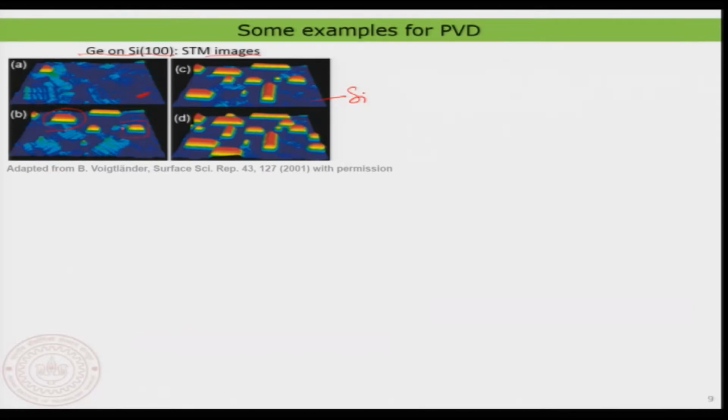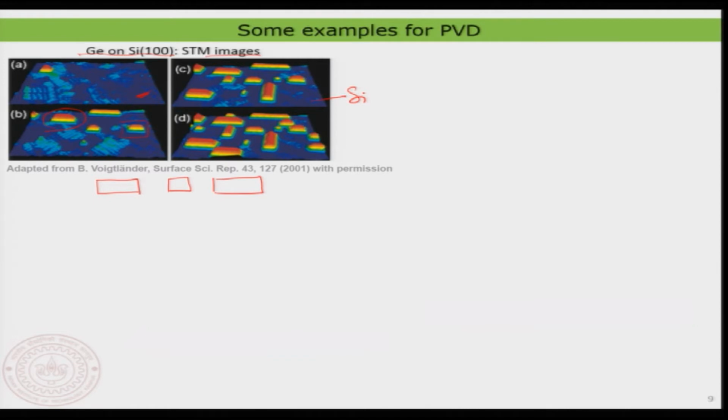But now something interesting you mark here, that the islands are forming like rectangular islands. If you look, the islands look like different shapes, but they are all different types of rectangles that are forming on the surface. What is that? You can think about that while you are listening to the lecture. We will come back to that in a minute.